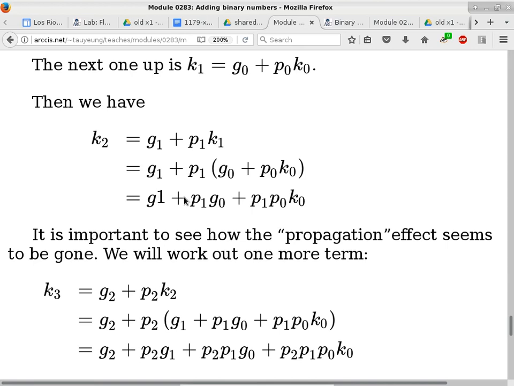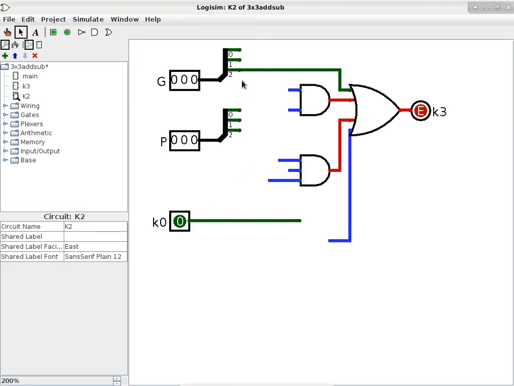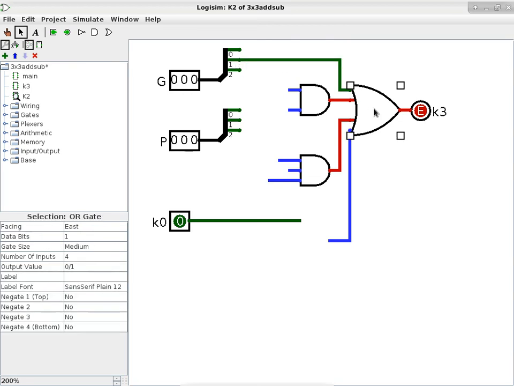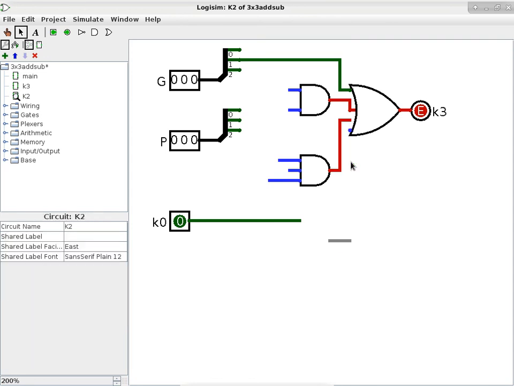G1 goes straight to the OR gate, like that. And then the OR gate only has 3 inputs, so that is the other thing that we have to adjust. And of course, rewire things accordingly. So this one is technically gone.